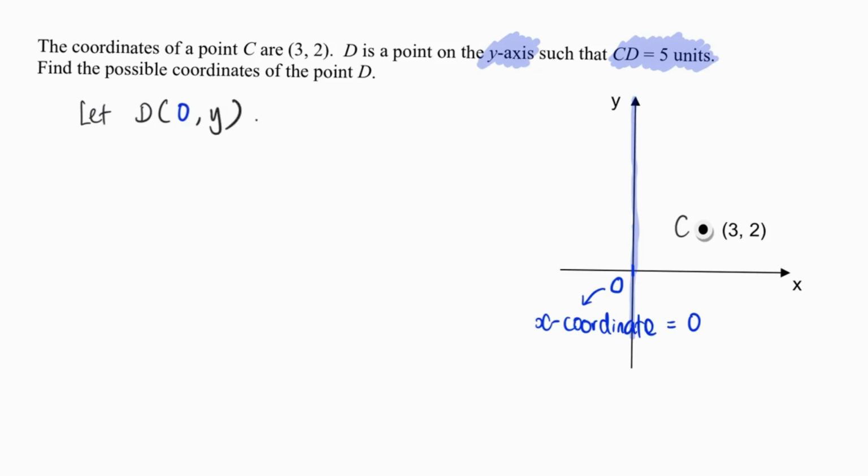And once I have this, I would then be able to apply the formula to find the length, since we know the length is 5 units. So I'm going to apply the formula now.